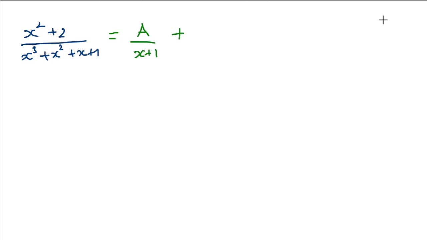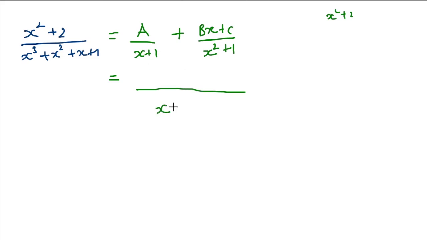Now, the other factor, which is x squared plus 2, has a numerator of the form bx plus c over x squared plus 1. Now, we find a common denominator. The common denominator will be a product of these denominators.